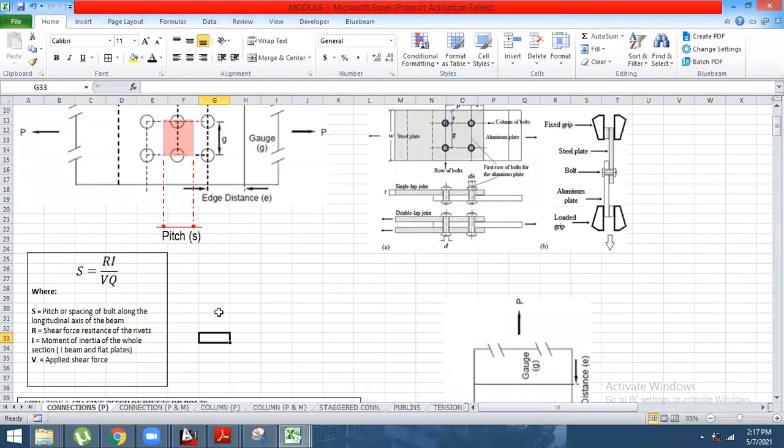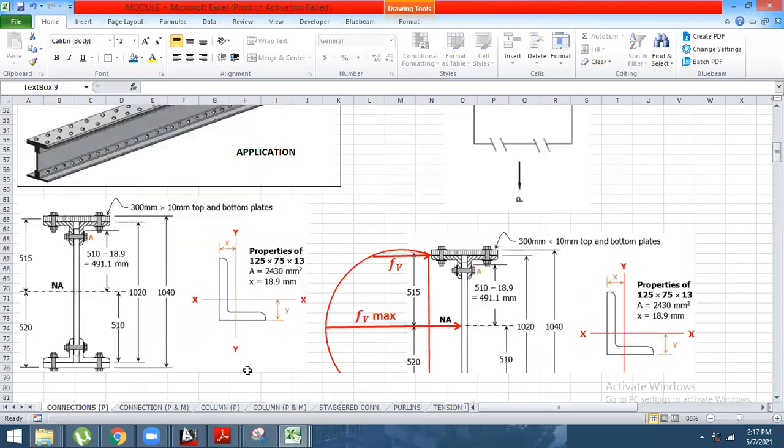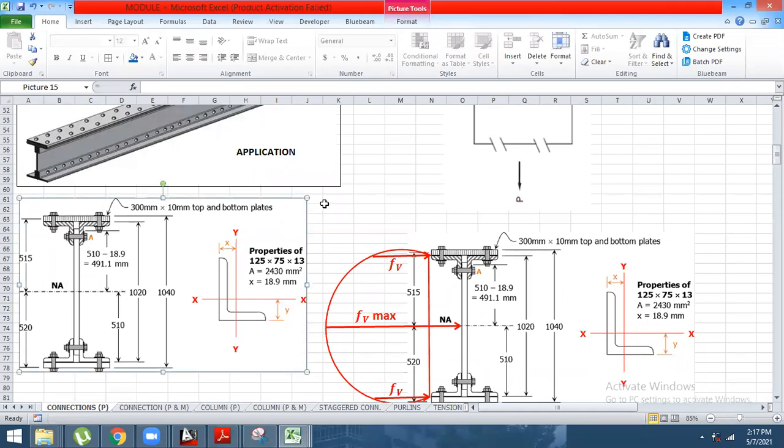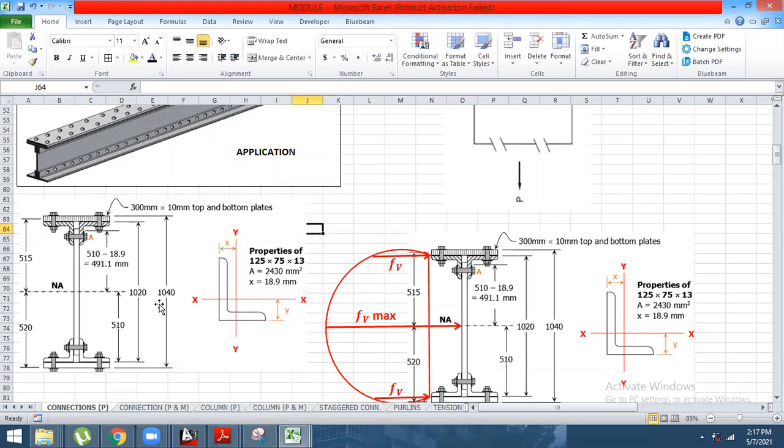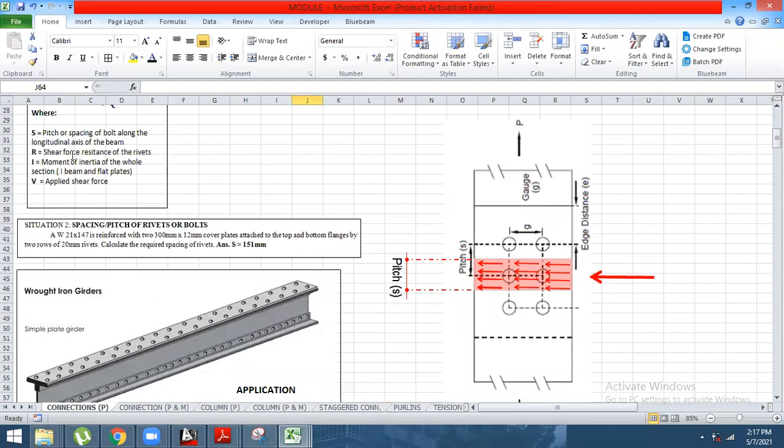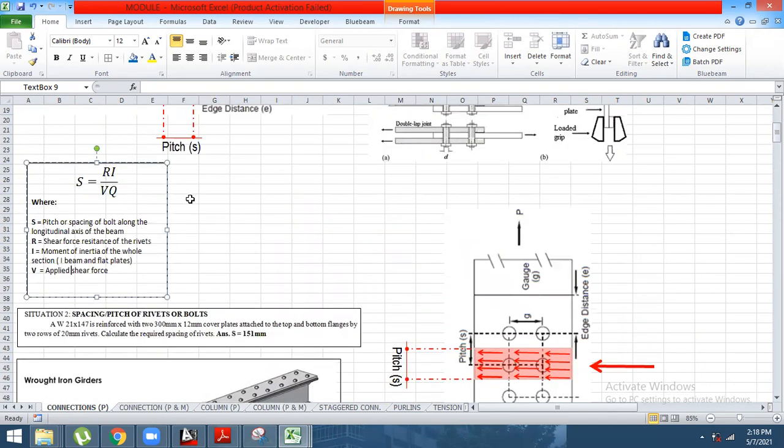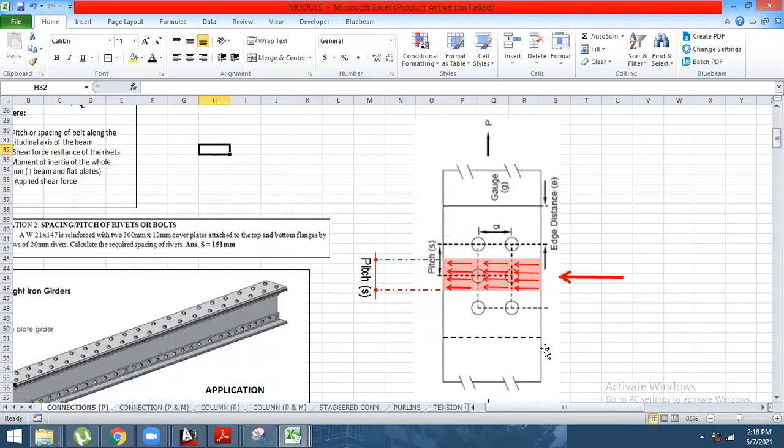For determining the spacing of the bolts, there is a formula R = Vq over I. R is the shear force resistance of the rivets, and I is the moment of inertia of the whole section, so you are going to calculate the moment of inertia of the entire section, the I-beam and the flat plates. V is the applied shear force, and Q is the first moment of the area.